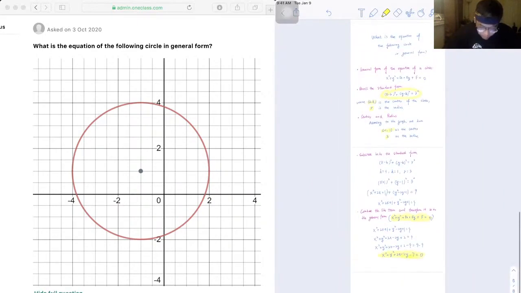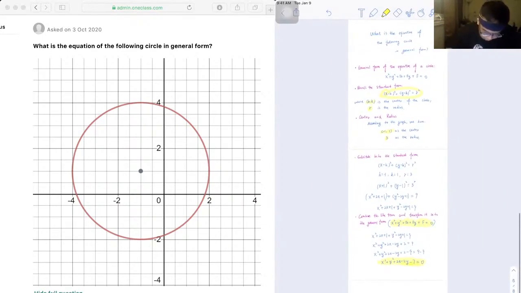Yeah, so it is a long one. So let's just review one more time how we find the equation. First, just my personal habit, I always write down the general form first.